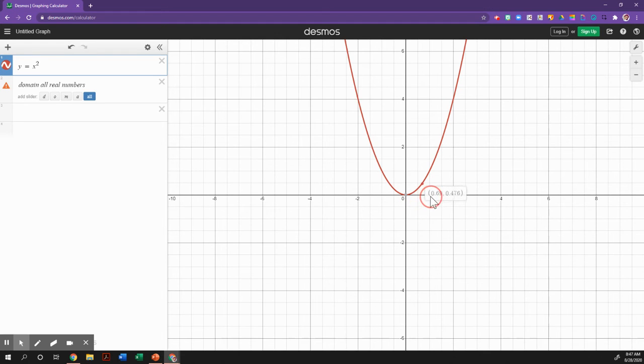And then my y values start climbing back up. I'm at 1, I'm at 2. My y values never get below 0. My y values, or my range, is y greater than or equal to 0. So there are some examples of domain and range.